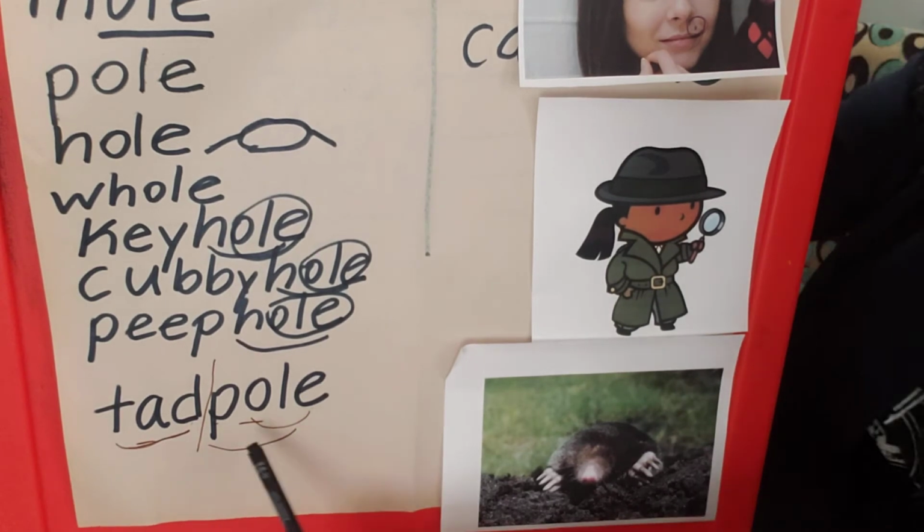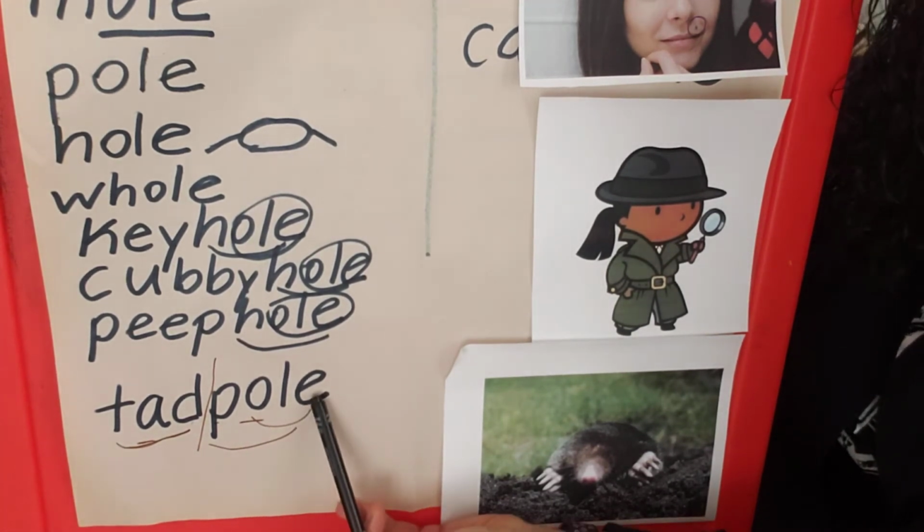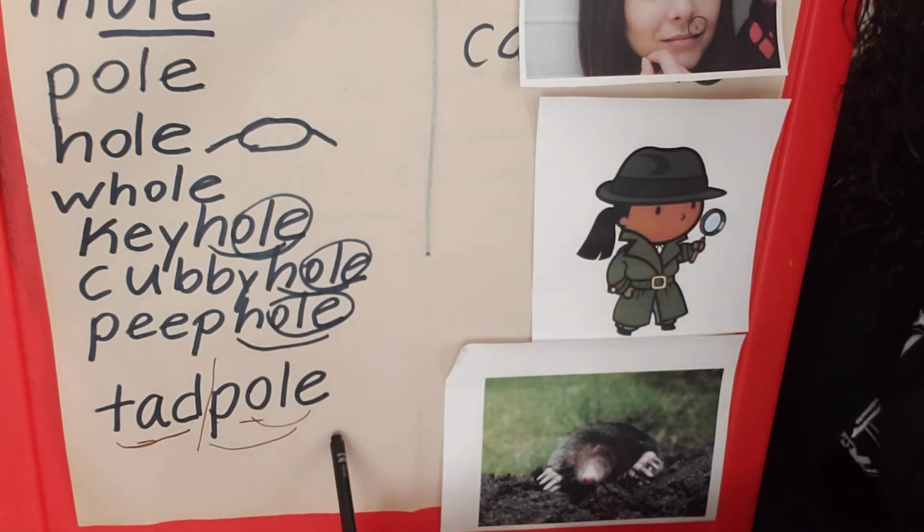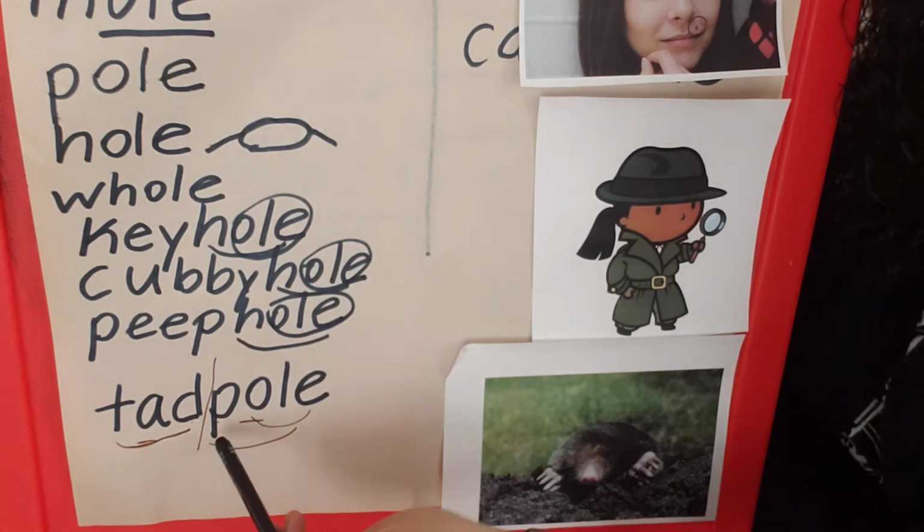Yes, a tadpole is a baby frog. And baby frogs are smaller than adult frogs. So when you look at the word tadpole, doesn't it make sense that there's an OLE at the end? Because a tadpole is a small baby frog.